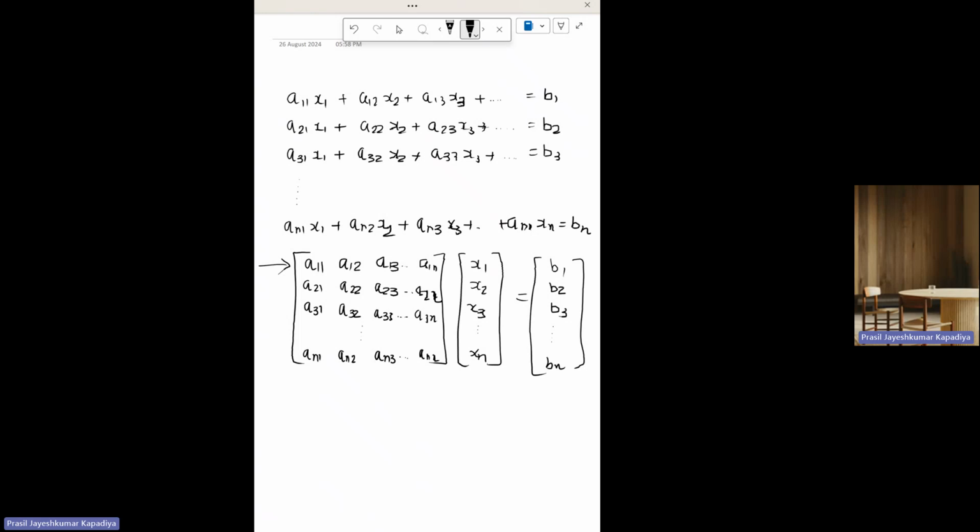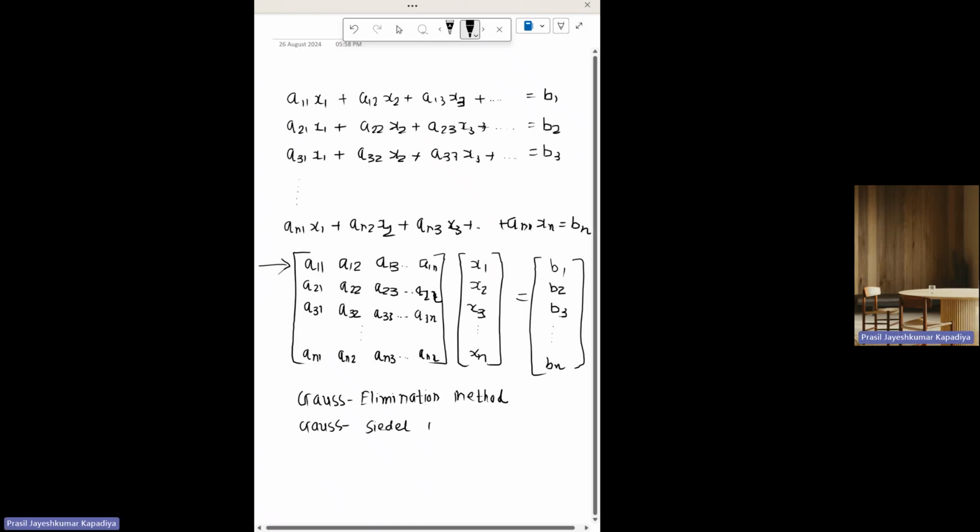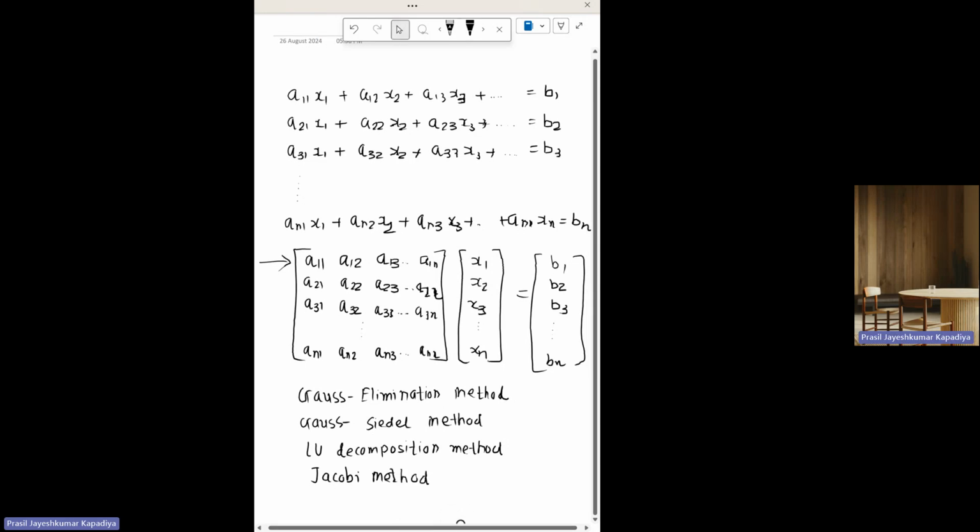Let's say I want to solve these equations. So I will note down some methods. One is Gauss elimination method, then Gauss-Seidel method, then another is LU decomposition method, then Jacobi method, then one more, inverse matrix method.